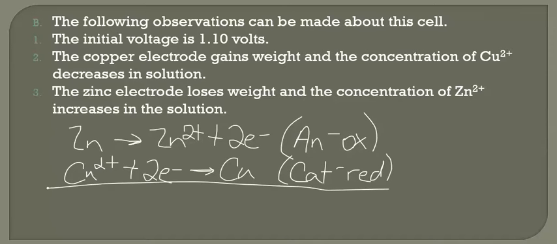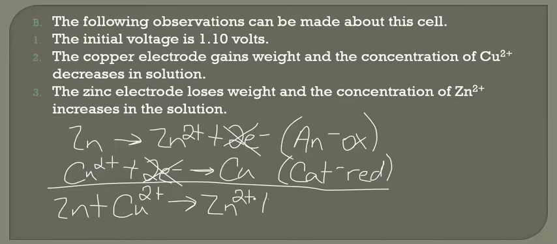Overall, if we get rid of the electrons and combine the half reactions, we get an overall reaction that looks like this. Electrons will always flow from the anode to the cathode.